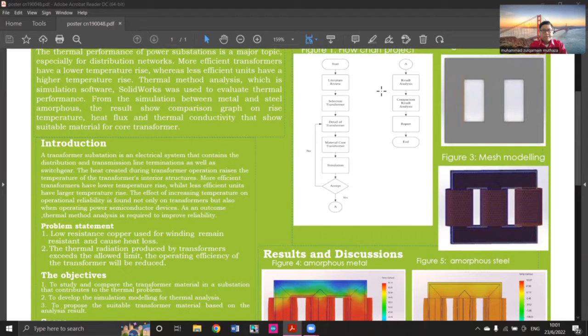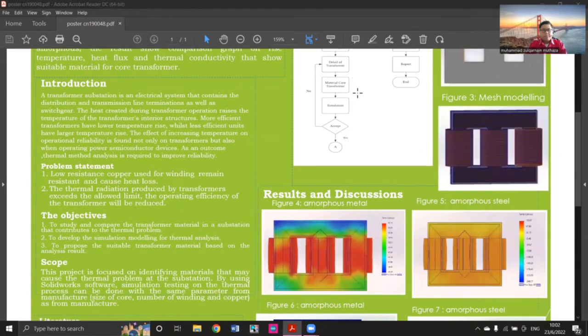The problem statement of my project is that low resistance copper used for winding retains the resistance and causes heat loss. Second, the thermal radiation produced by a transformer lowers the operating efficiency of the transformer.